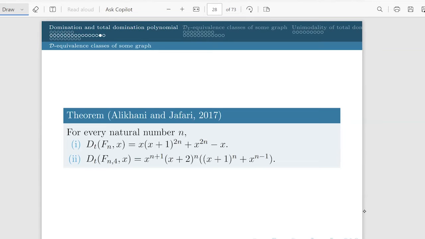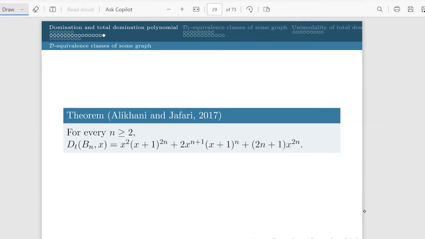I think we have some formula for F_{n,k} with k greater than or equal to 4, but I didn't write it here. For another specific graph, the book graph, you see its total domination polynomial here.